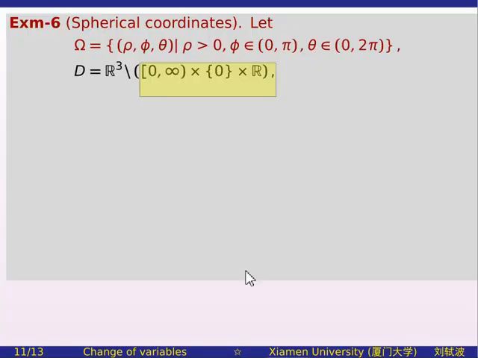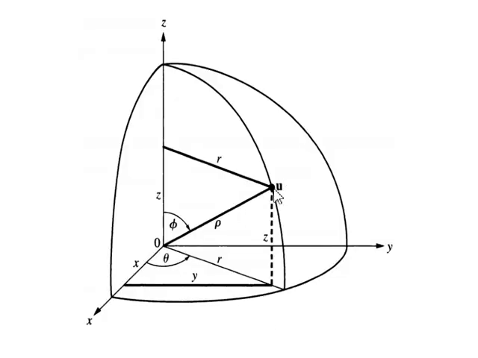What's the meaning of rho phi theta here? Here rho phi theta determine the point u. Of course, for this point u, we have x, y, z coordinates in the xyz space. The distance from the origin to this point u is our rho. And what's theta?